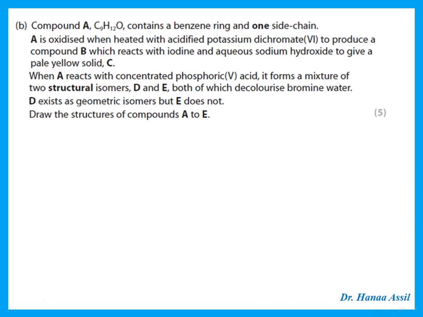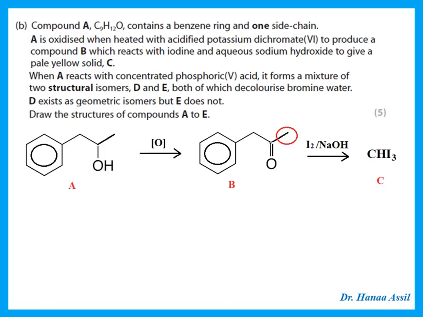Now, what gives a yellow precipitate with iodine in aqueous sodium hydroxide? That is something that has a CH3C=O group. So he's saying that A is oxidized to form B, and B must have a CH3 next to the C=O, so that when I react it with iodine in sodium hydroxide, it gives me the yellow precipitate of CHI3.